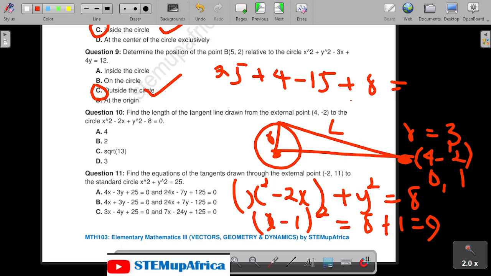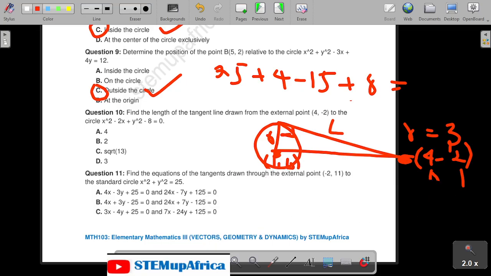Okay, so if you apply now distance, here is a right angle. The center is 1 comma 0. So what is the distance between the center and the point? Let me erase for clarity.